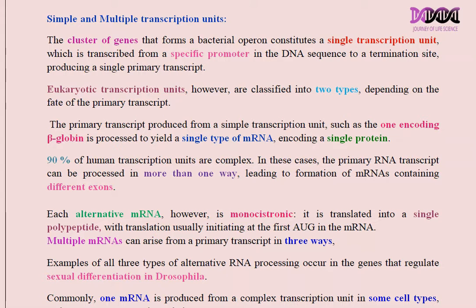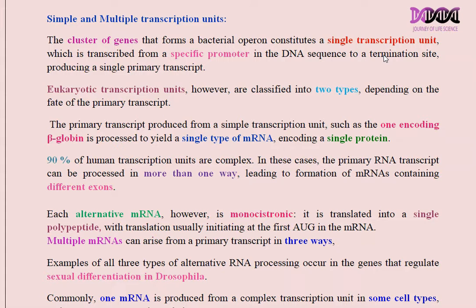In the lac operon, a single mRNA contains three cistrons which encode three enzymes. The cluster of genes that forms a bacterial operon constitutes a single transcription unit.